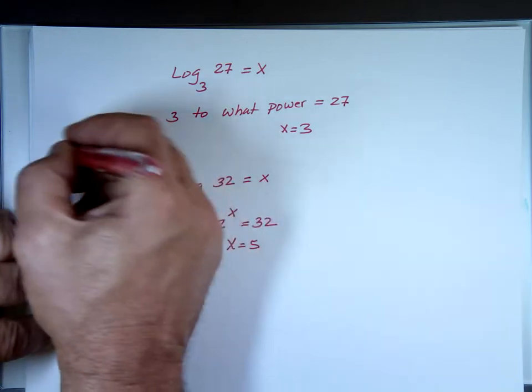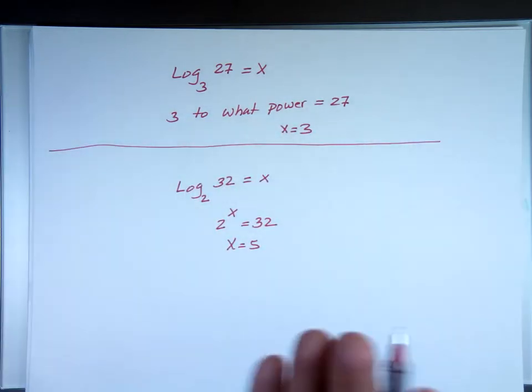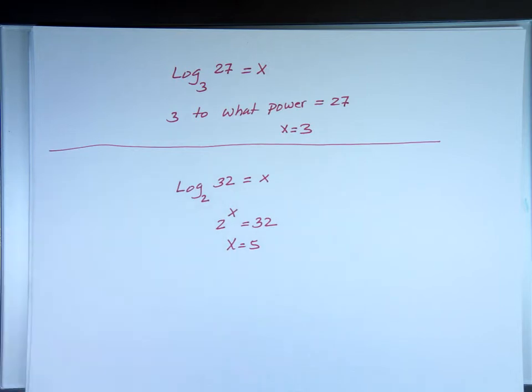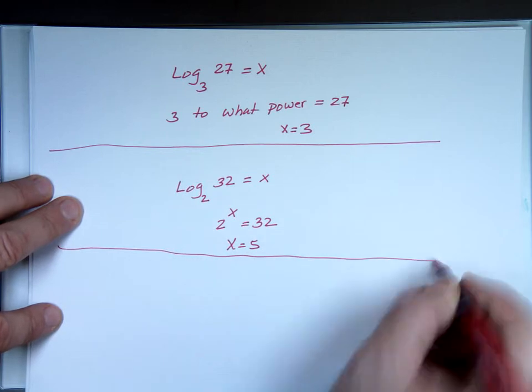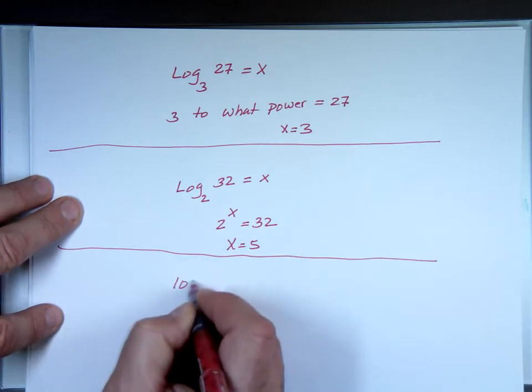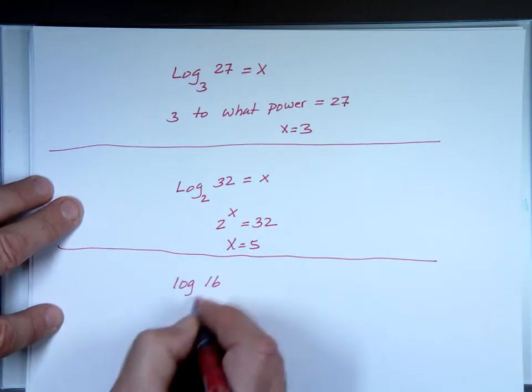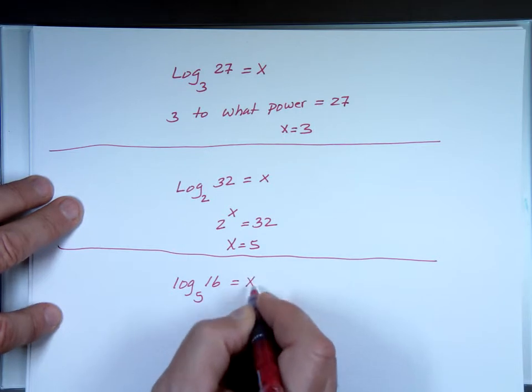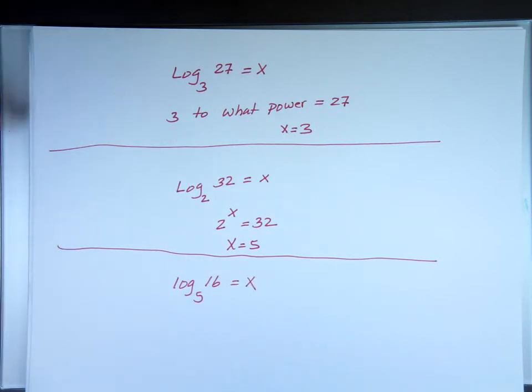So that's what that rule allows us to do: to go from log, which we had no idea what log is, change it to exponential, and now we can look at a problem and solve it. Where we might have a problem, if I said to you, okay, log 16 base 5. Now you got a problem. It has a solution.